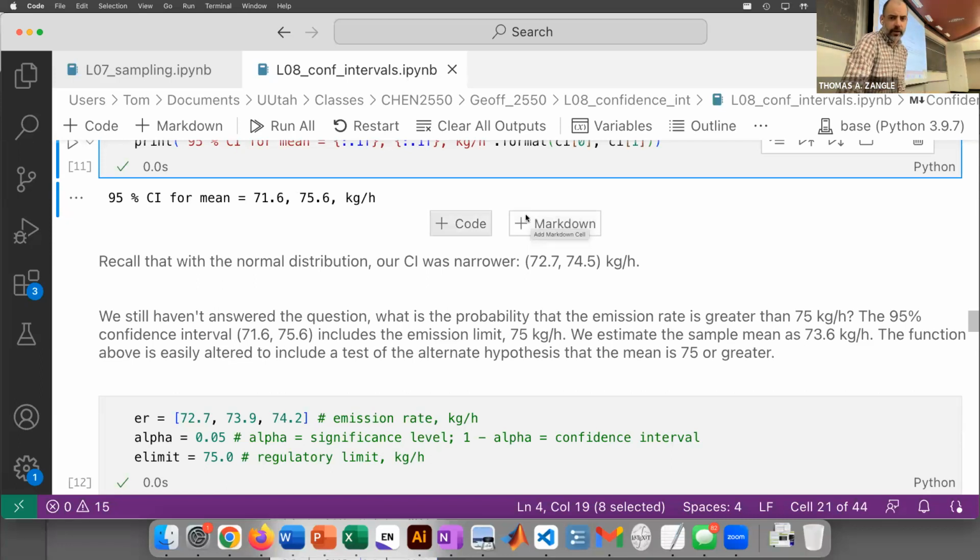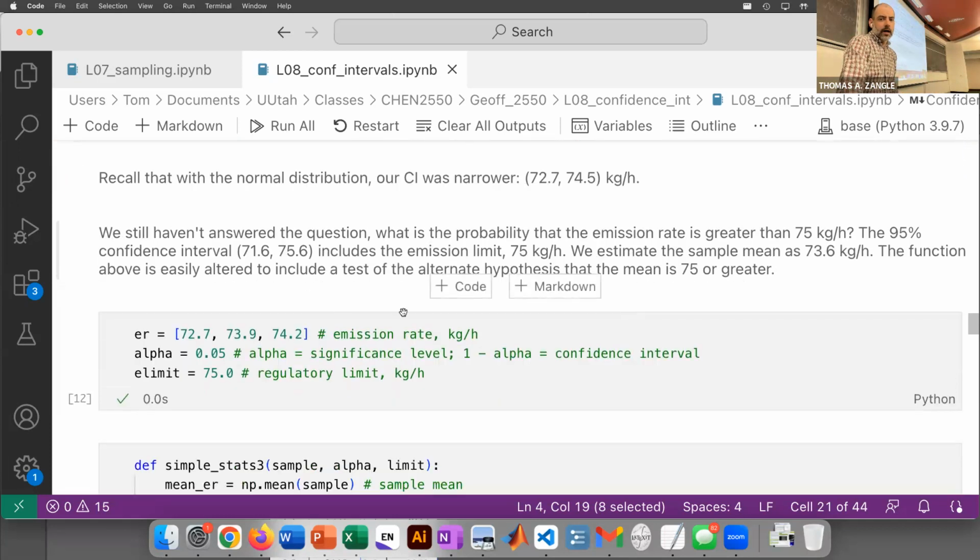But what we haven't done here is answer the question of what is the probability that the limit is greater than 75 kilograms per hour. So we can invert this and ask ourselves, the 95% confidence interval does include that emission limit, even though the sample mean was 73.6.